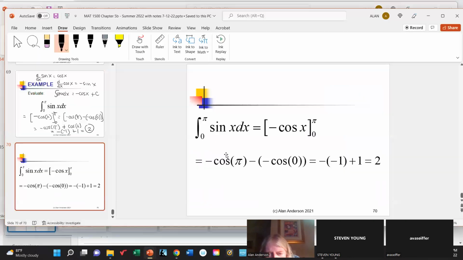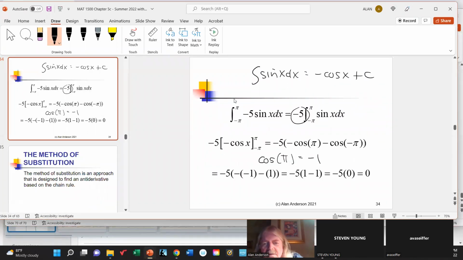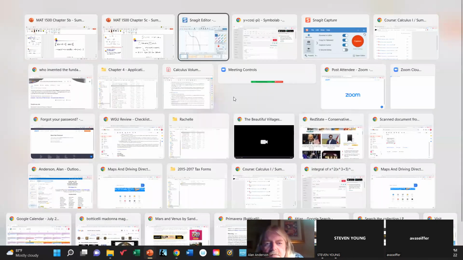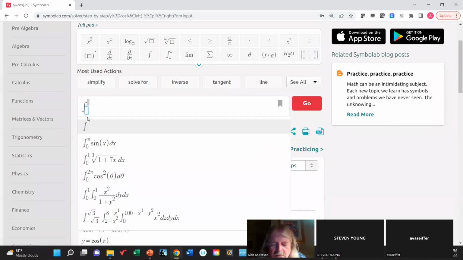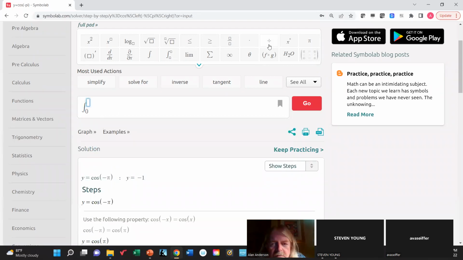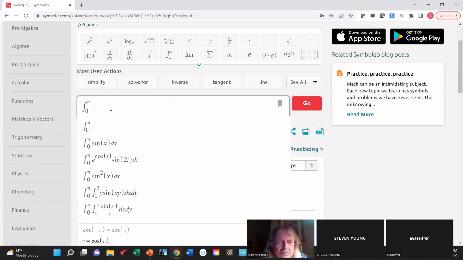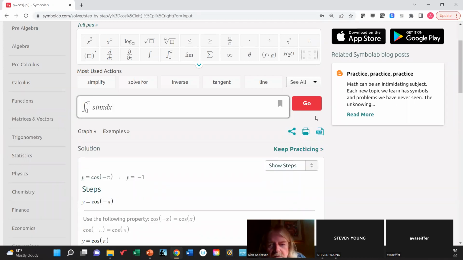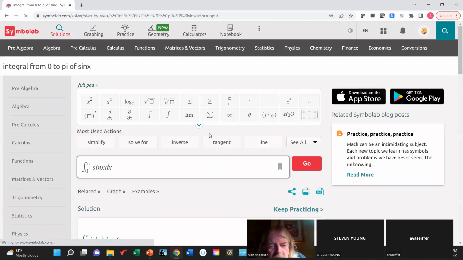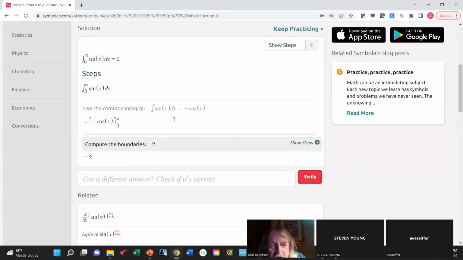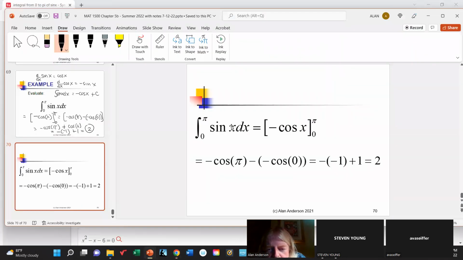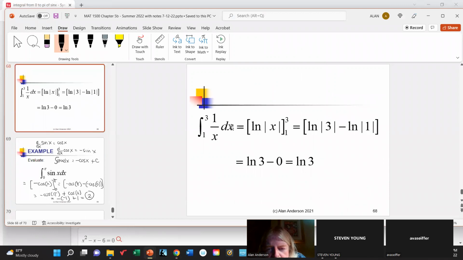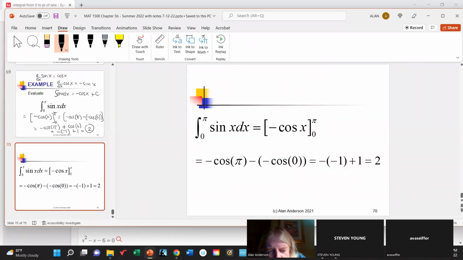Let's go back to Symbolab. We have the integral from 0 to pi of sine x dx. So, no, I did it again.